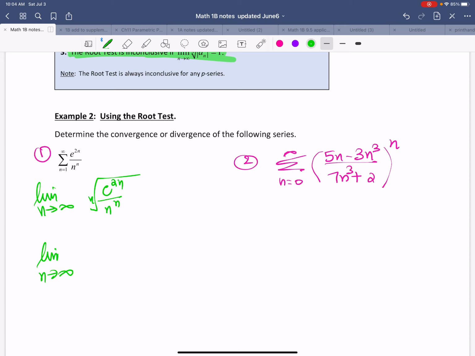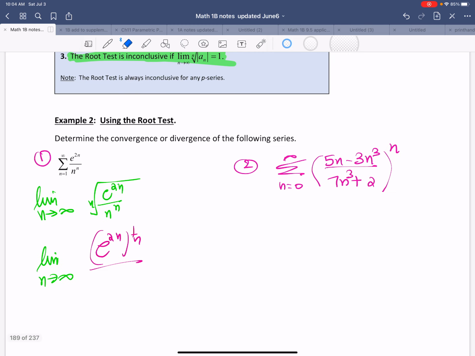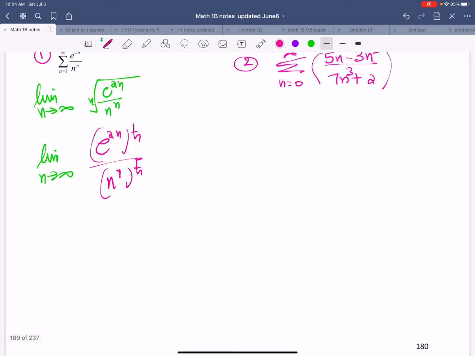I'm going to get rid of the radical sign, but instead write it as the power 1 over n. For e to the power 2n, the exponent would become 1 over n, and n to the power n also gets 1 over n.